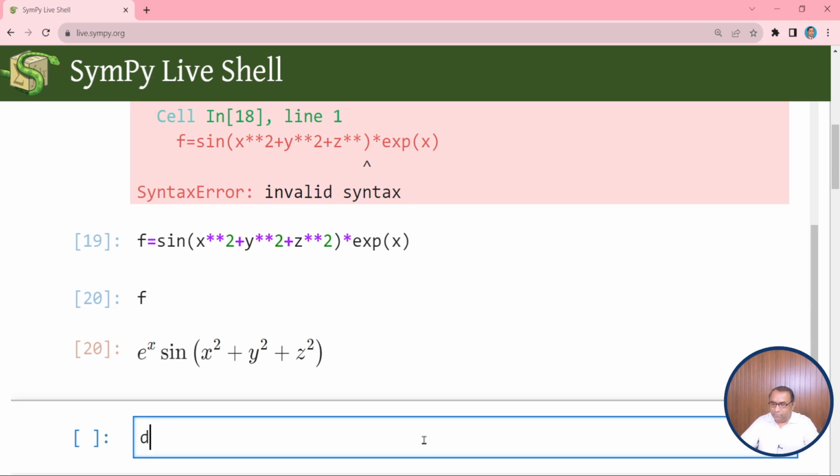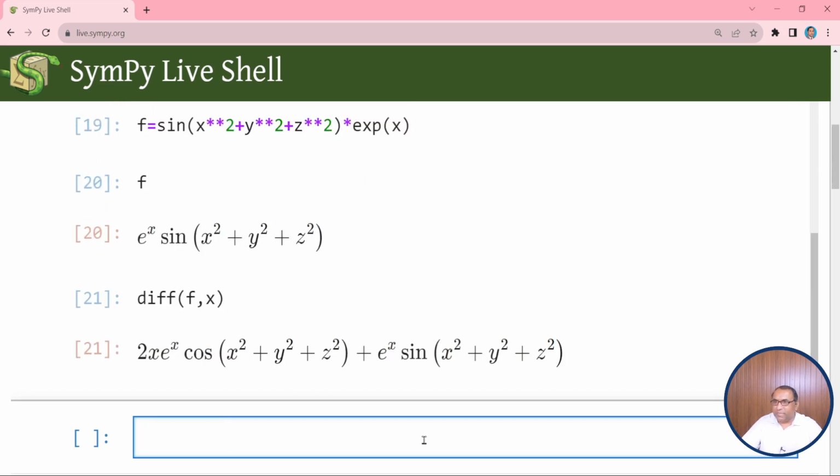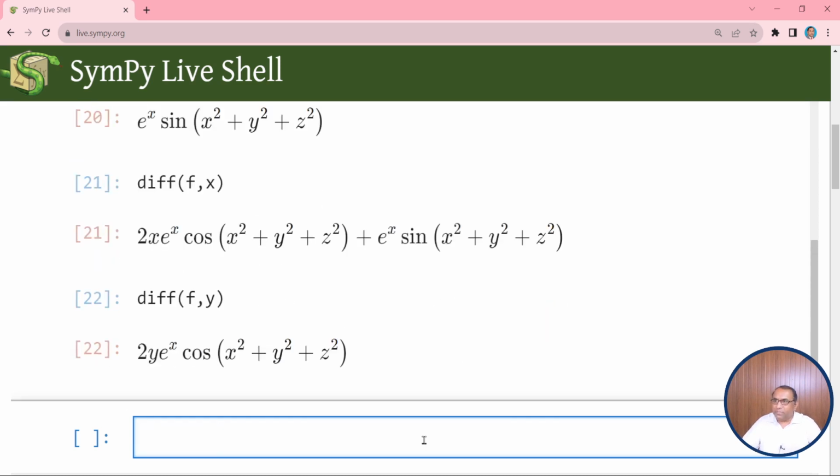So diff f comma x will return the partial derivative of the above function with respect to x when you enter. So this is the required answer. Similarly, if you want to differentiate with respect to y, then enter. So this is the partial derivative of the above function with respect to y.